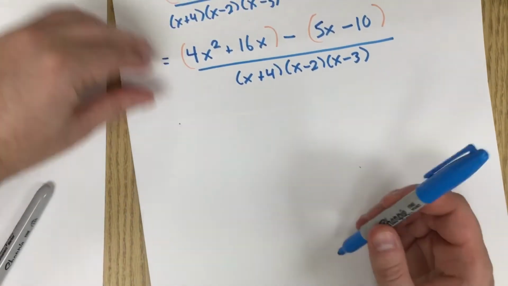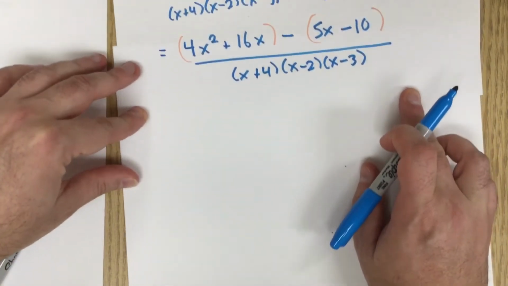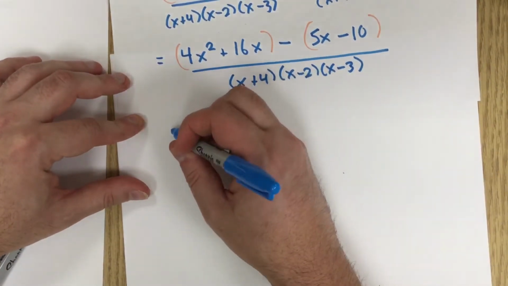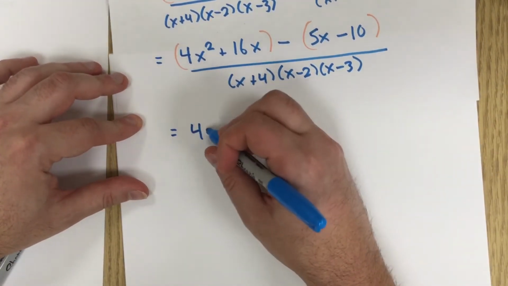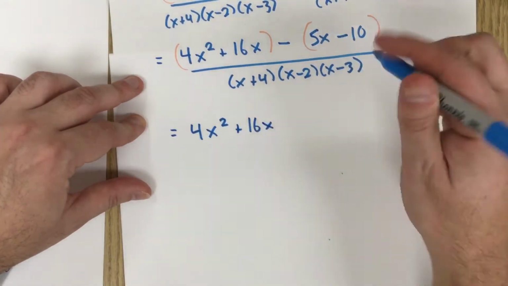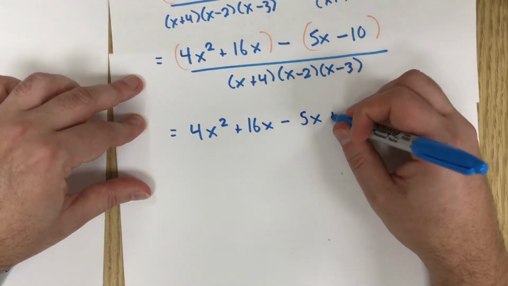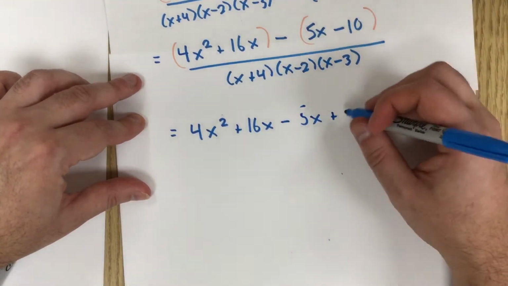Which then becomes, there's nothing in front of this bracket, so it stays the same. A minus in front of this bracket, so everything changes, or you distribute in a minus 1. Same effect.